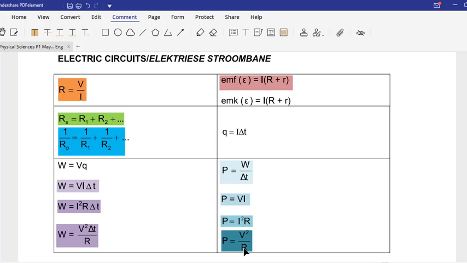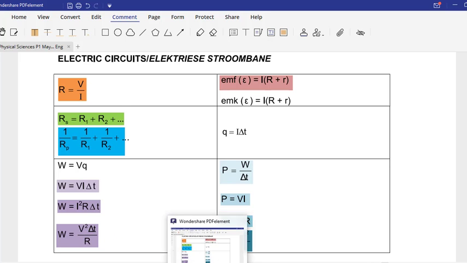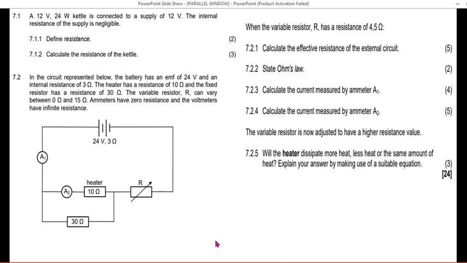V square over R is power. So given the same time, the electrical energy will depend on what? The power of the resistor. So anything that affects the power will actually affect the heat or the electrical energy that resistor will be able to dissipate.